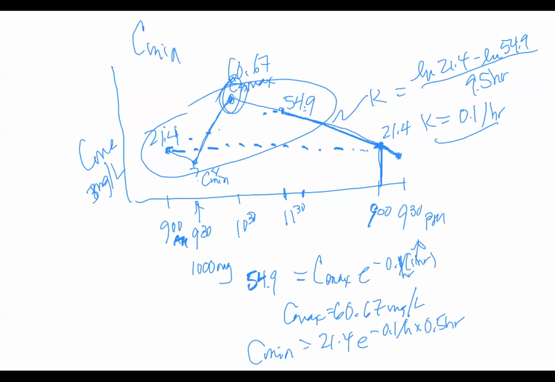Can you see it now? C min. Gosh, how do I get rid of the dumb thing? All right, you know what? I'm going to erase something. How about that? We got the C max.